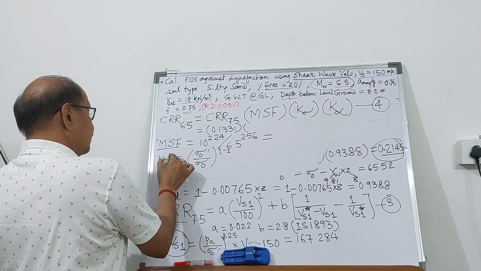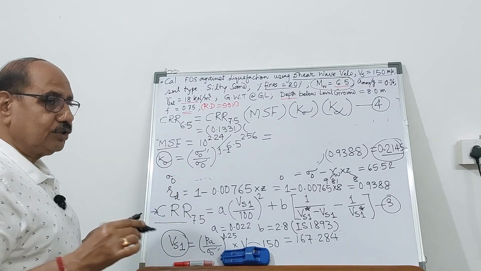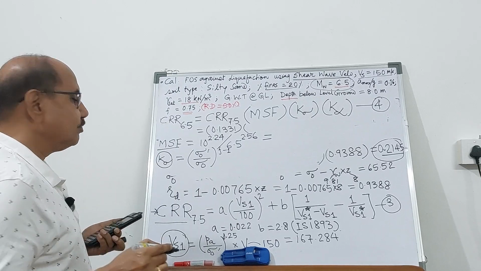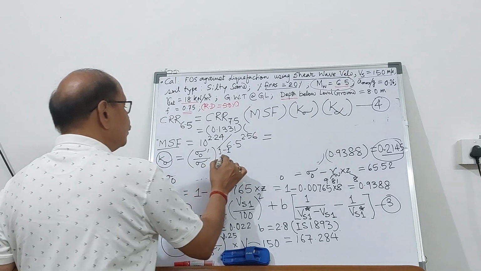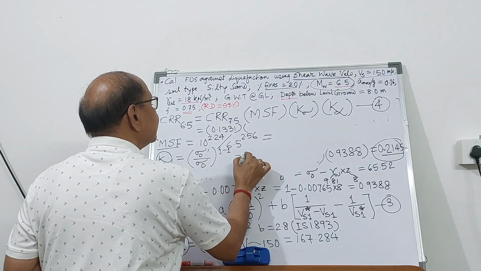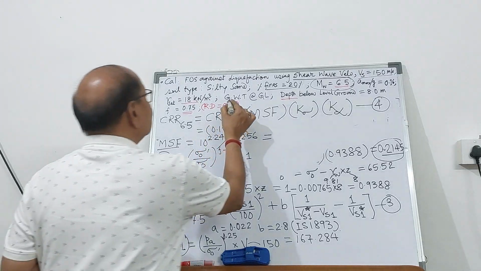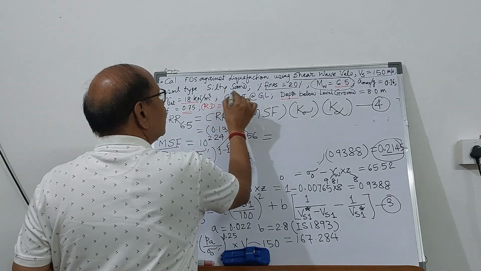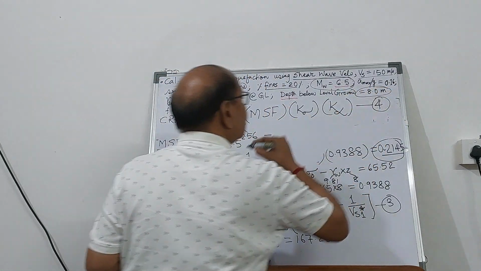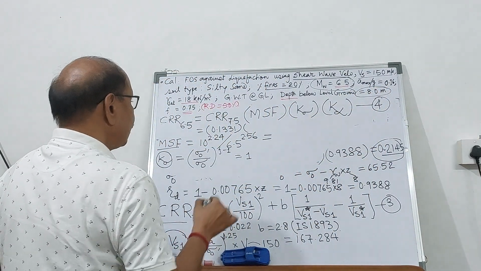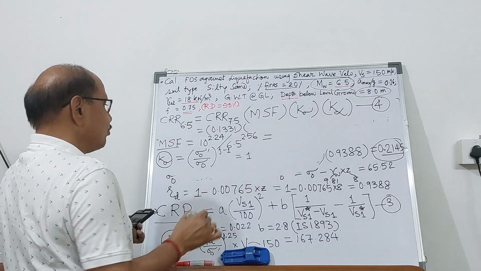This value is to be calculated if the depth is going to be more than 15 meter, otherwise this value becomes unity. So here the depth is Z equal to 8 meter. So it is not very deep, and therefore let's take this one.